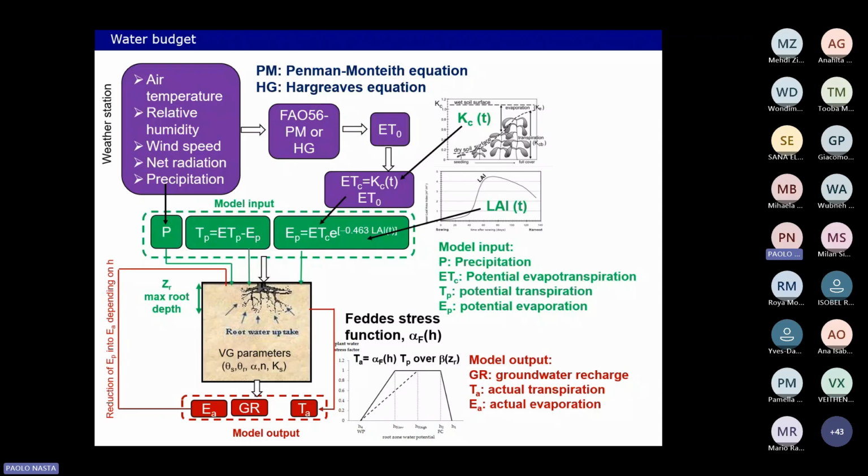So the potential transpiration will be reduced into actual transpiration depending on the stress that is controlled on the pressurized soil profile. Then we have drainage at the soil profile bottom, and of course, the actual evaporation that again will depend on a specific pressure head value as a threshold, and we will see about that.